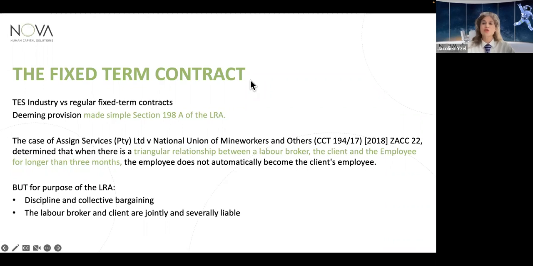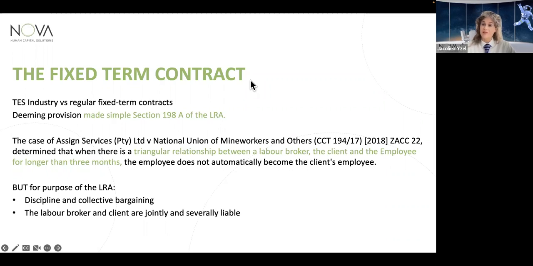The employee can choose whether he takes both parties as a respondent or only one. And the commissioner can decide whether he awards compensation against either the broker or the client or both.